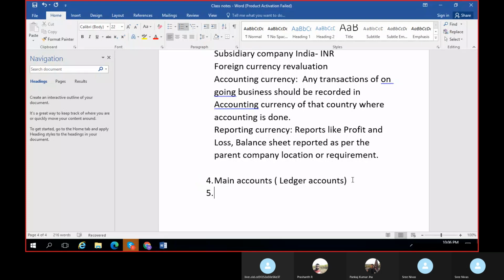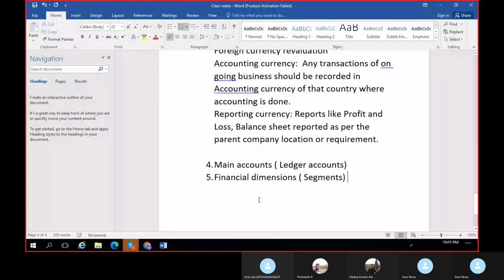And the next one is financial dimensions. In layman's language, we can call them segments. I hope you remember, I have already explained financial dimensions. The reason I explained them before configuring the main accounts is that financial dimensions are nothing but, as I told you, a way to classify the segments.